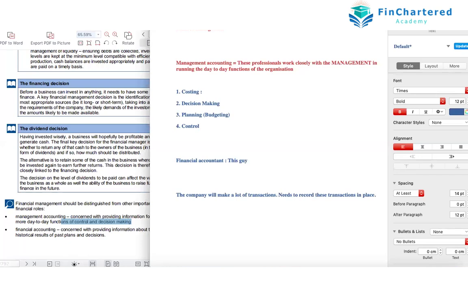And as Manya mentioned, use those records to ultimately prepare financial statements, which is nothing but a piece of paper. For your level, you can just say it's a piece of paper that has information about the company, financial information about the company. So the financial accountant will be the guy who is recording the transactions and then ultimately using those transactions prepare one piece of paper with financial information about the company.